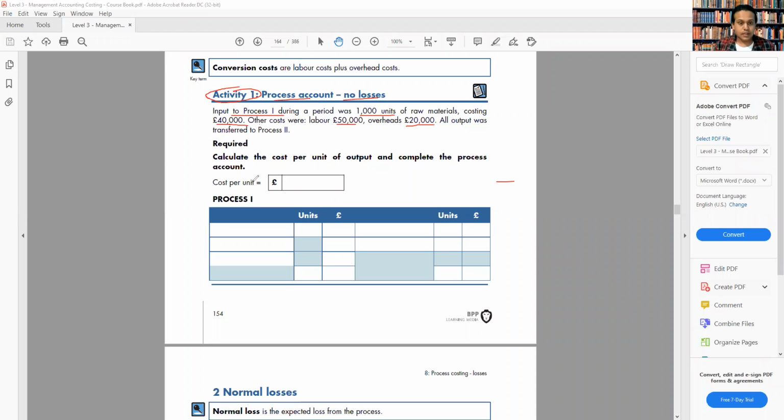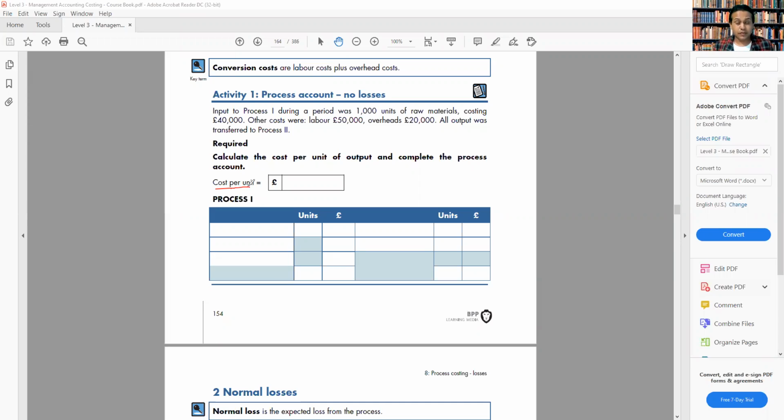All right, so let's have a look. The requirement is saying calculate the cost per unit of output and complete the process account. You can have a look for 1 minute and try it yourself, and tell me how much you expect the cost per unit to be, but we'll do it together anyway.